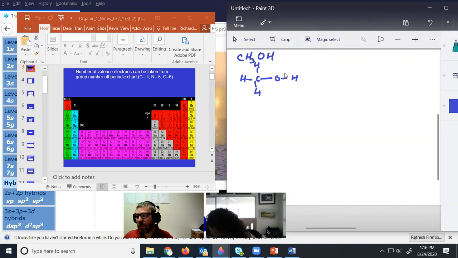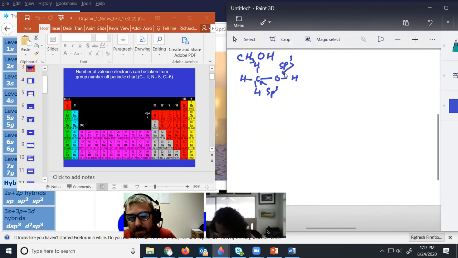That's what it's going to look like. It's the only way I can draw it so that the carbon has 4 bonds and the oxygen has 2. So I know they're all single bonded. That means that carbon is going to be sp3 hybridized, and oxygen is going to be sp3 hybridized. I'll stop there for a second. Is anybody concerned about anything I've done so far?